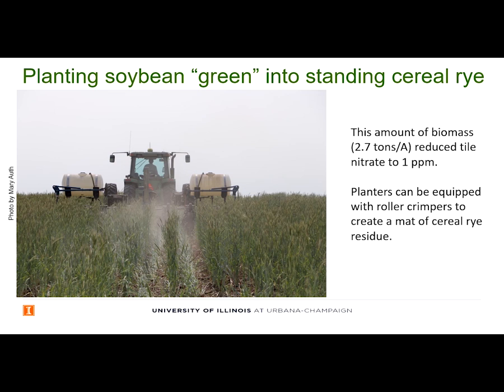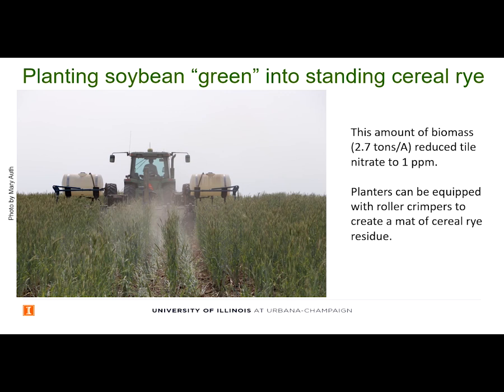In fact, 2 years in a row now, we haven't been able to terminate cereal rye when we wanted to, but this was ahead of soybeans, so we weren't too concerned, and so we let it grow, and we planted green. This was sprayed the next day with Roundup. But this is about 3 to 4 foot tall, and it was heading out already.